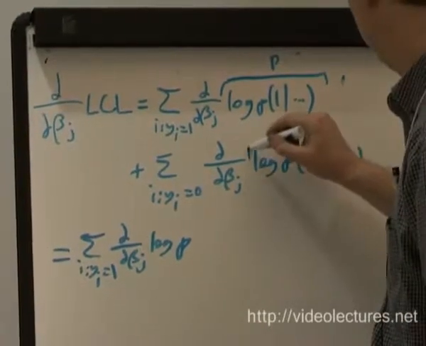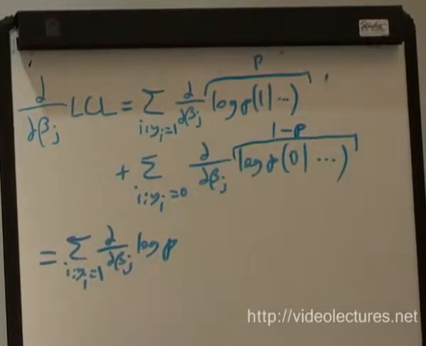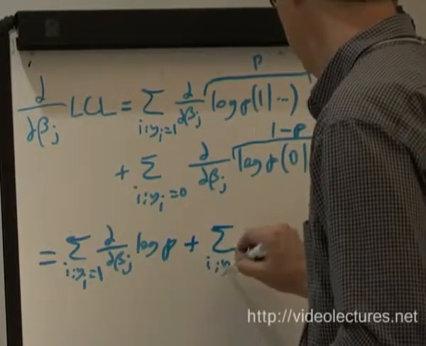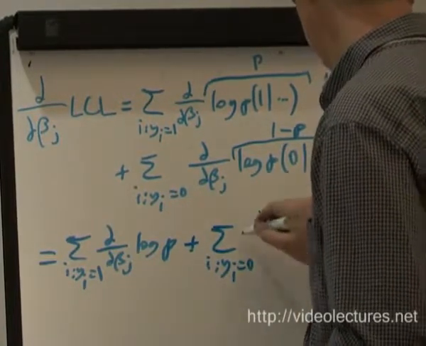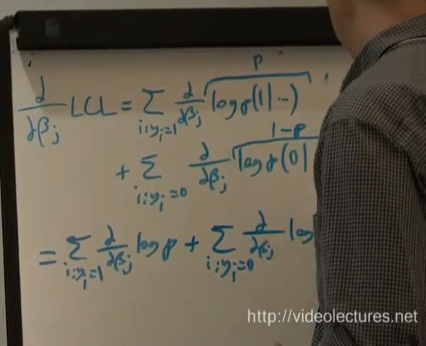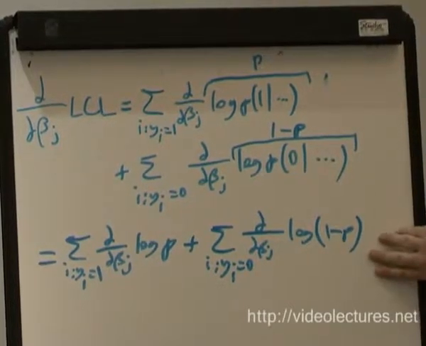And then this is 1 minus p. Because the probability that y equals 0 is 1 minus the probability that y equals 1. d by d beta j of log of 1 minus p. Okay. So everybody see how I got to here?